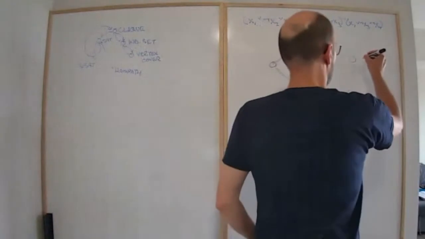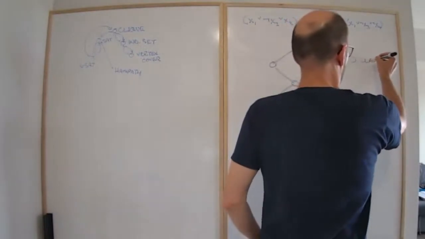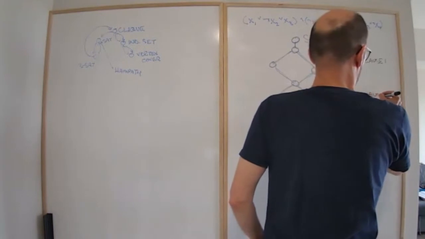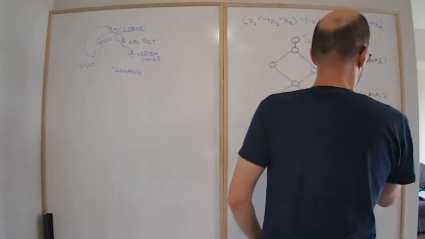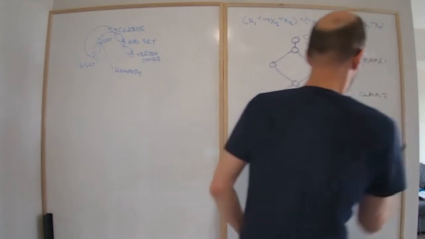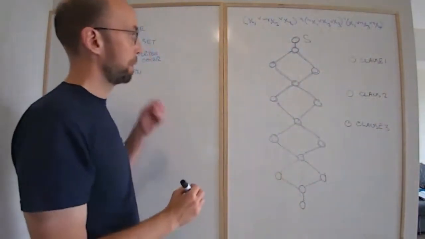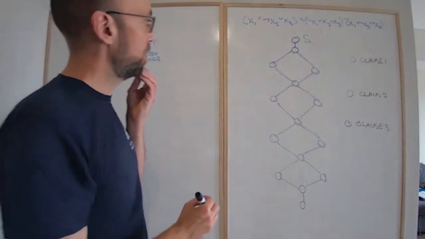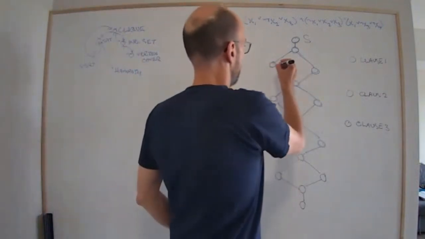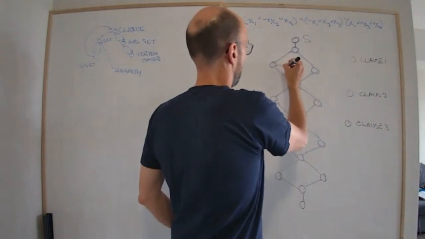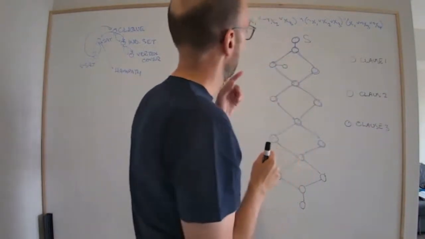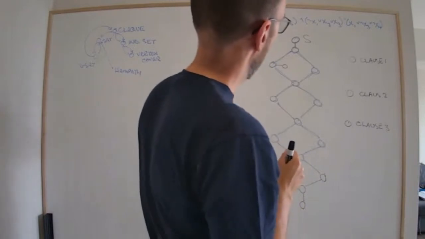So this is clause 1. Clause 2. Clause 3. Now, in the diamonds, what I'm going to put is, so I have to do this just right.